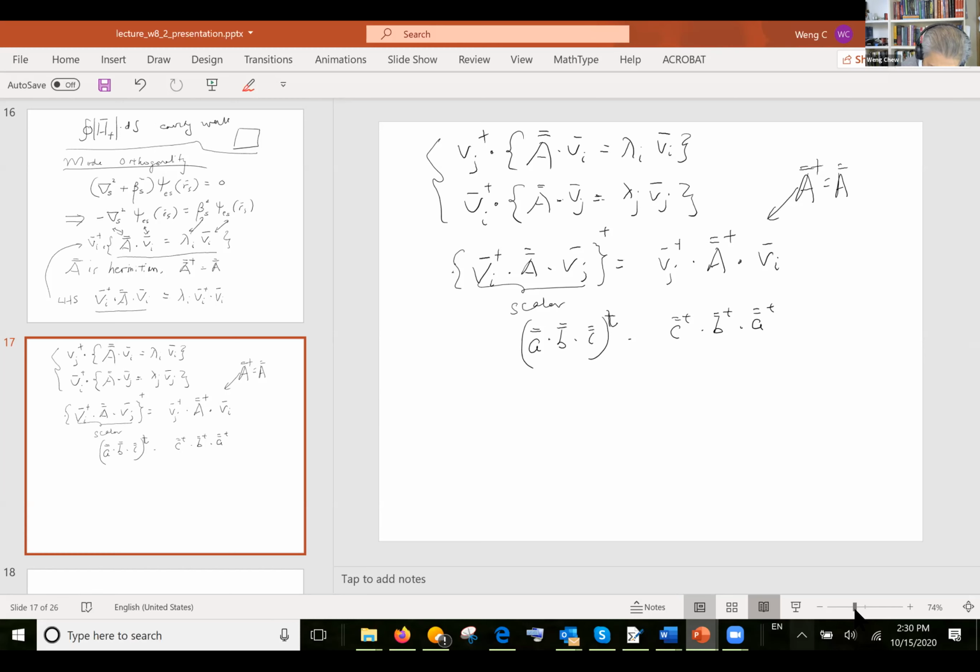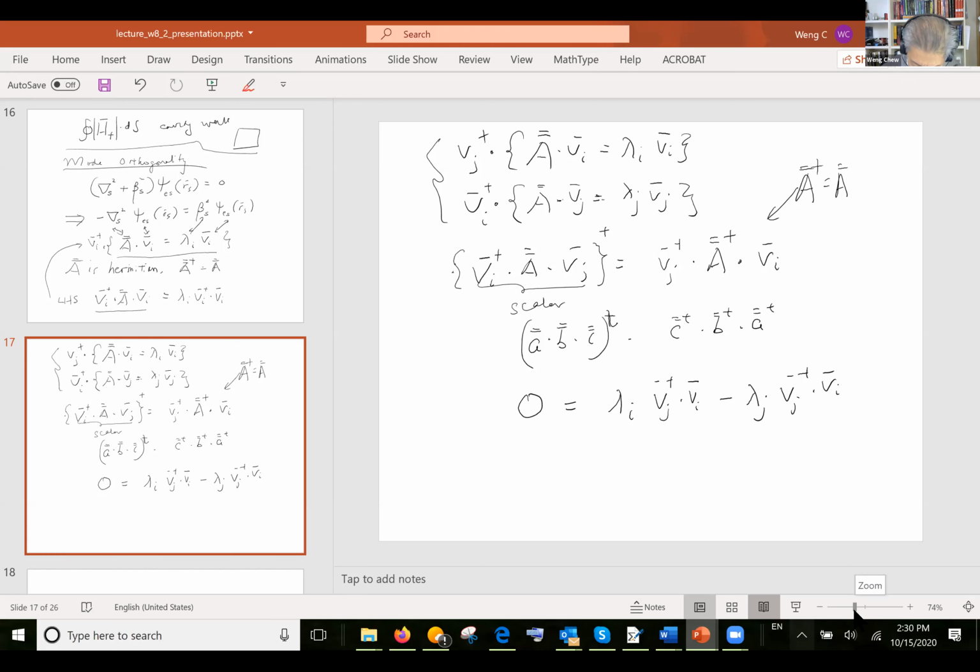So if I subtract the two equations, because the left-hand sides are equal to each other, I get 0. And then since the eigenvalue of the system is real, for the first equation, I get Vj conjugate transpose dot Vi minus lambda j Vj conjugate transpose dot Vi, because I take the product and then I take a conjugate transpose.